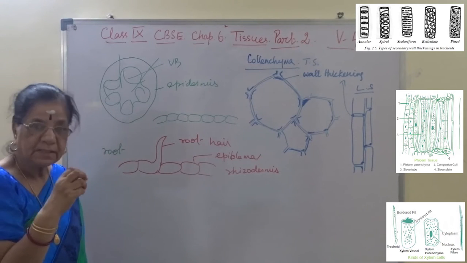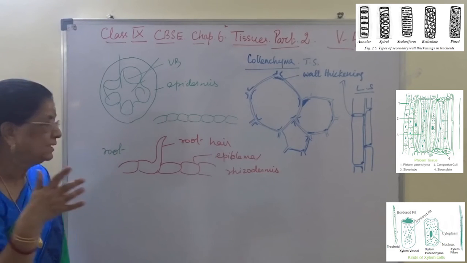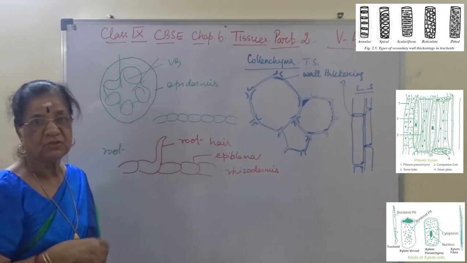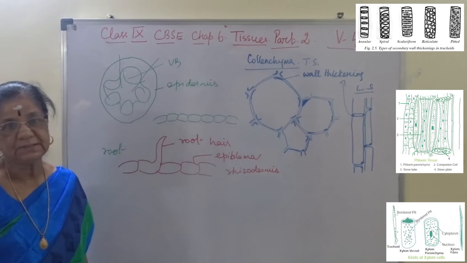The ruptured, broken epidermal layer is seen along with the root hair, so it is called epiblema or rhizodermis.